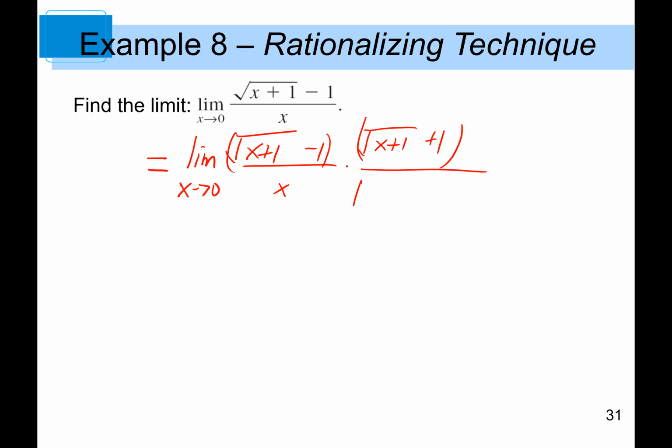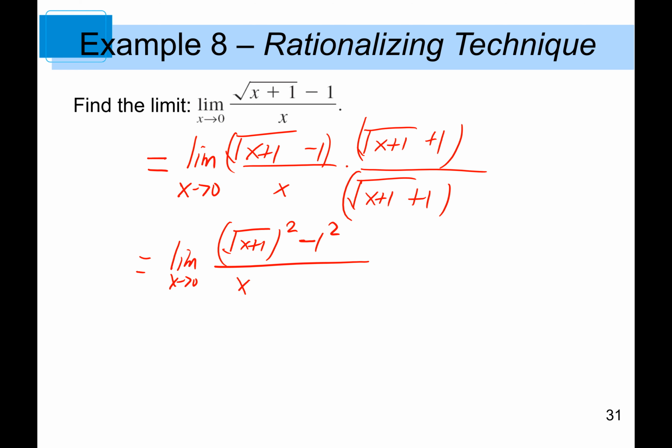And then you multiply this term to both numerator and denominator. Now for the denominator, we have a difference of two squares, and then it becomes the limit as x approaches 0 of square root of x plus 1 squared minus 1 squared. The denominator is x times square root of x plus 1 plus 1.